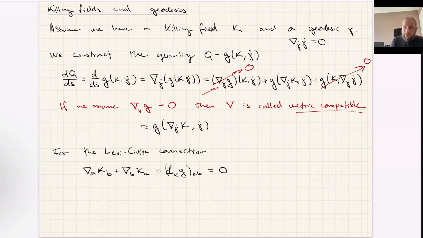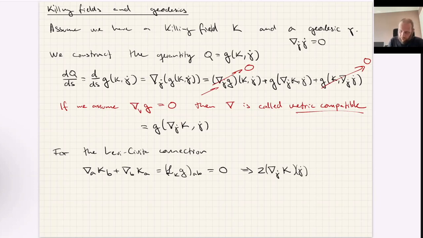This is an expression with two lower indices, so it's a 0-2 tensor, and it takes two arguments. If I put gamma dot, the tangent vector, in both arguments, I get 2, because now it's symmetric, gamma dot k of gamma.